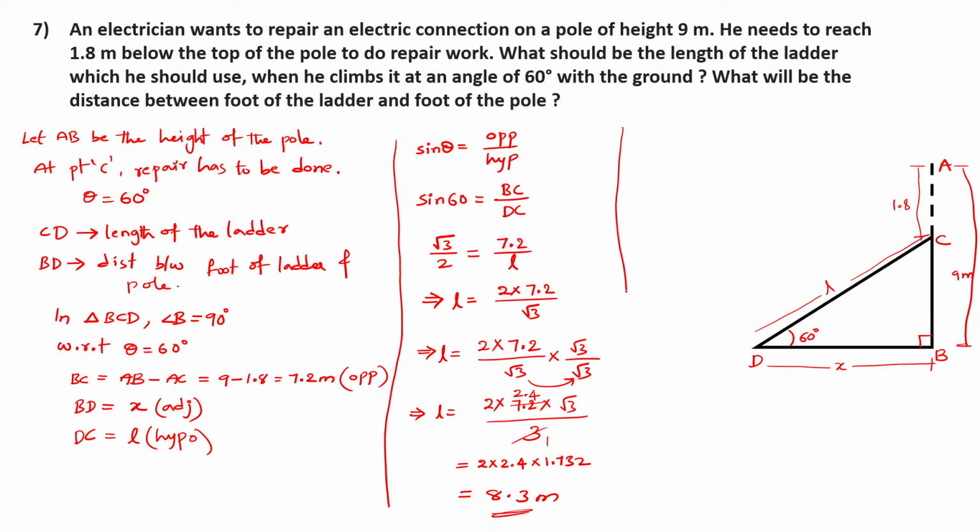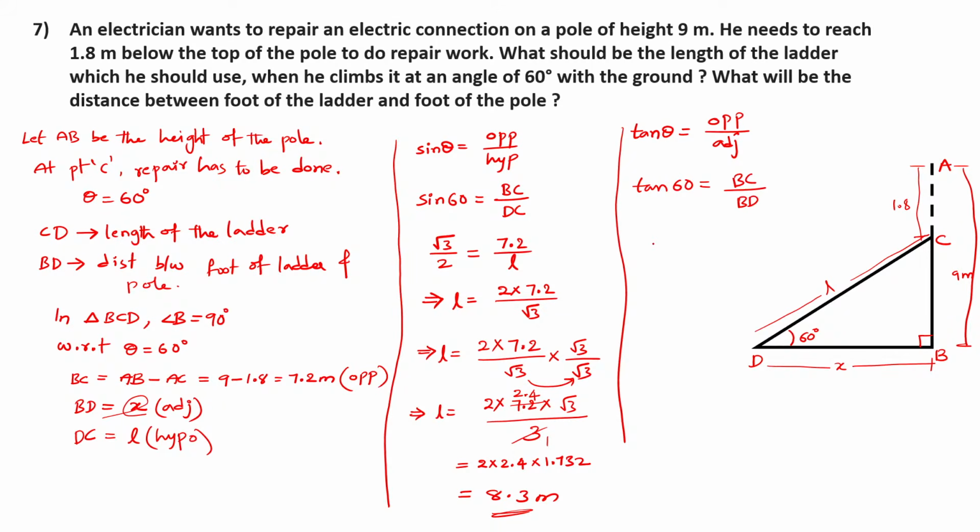Next, we need to find the distance. So the length of the ladder is completed, and we need to find the distance. So we take the tan ratio. Tan theta is equal to opposite side by adjacent side. Tan 60 degrees is equal to the opposite side BC over the adjacent side BD.